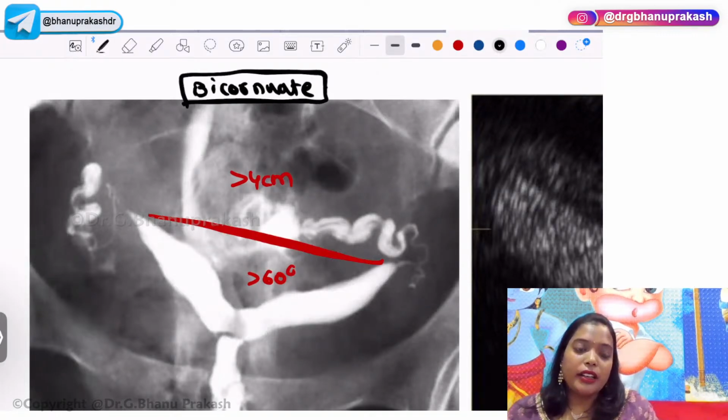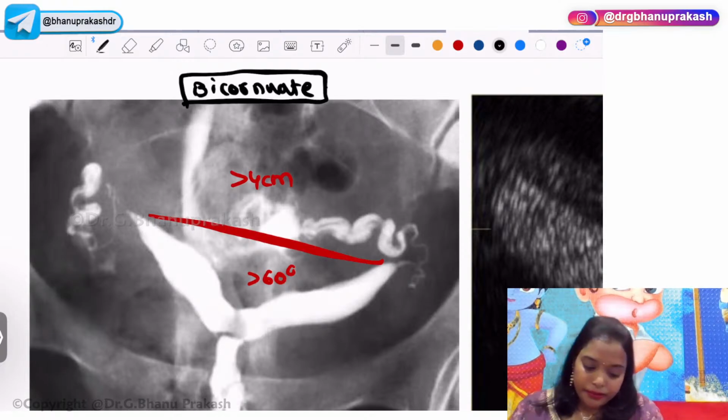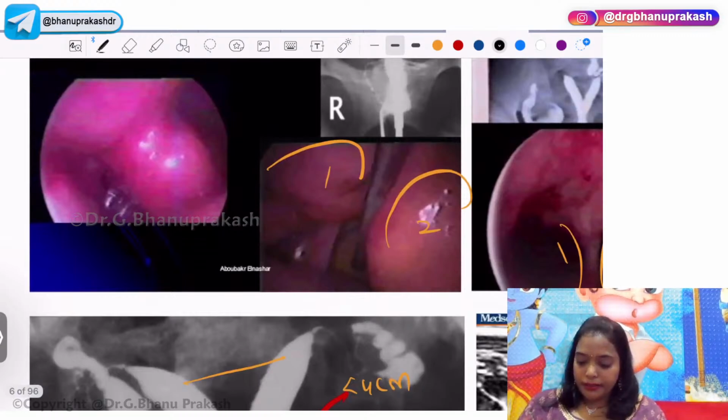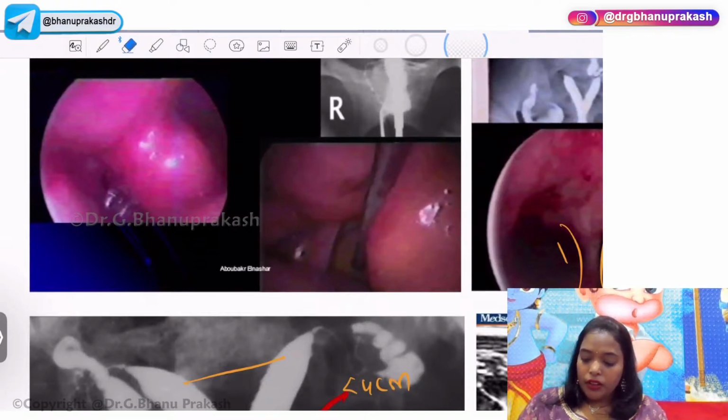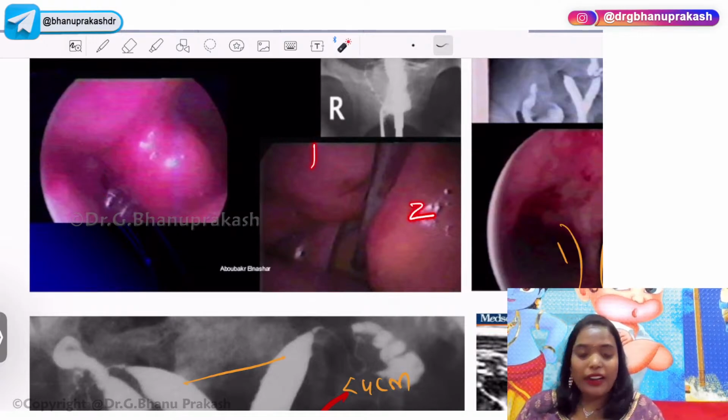So this is the HSG showing 2 uterine cavities, and this is the laparoscopy showing two fundus. 2 uterine cavities and 2 fundus.